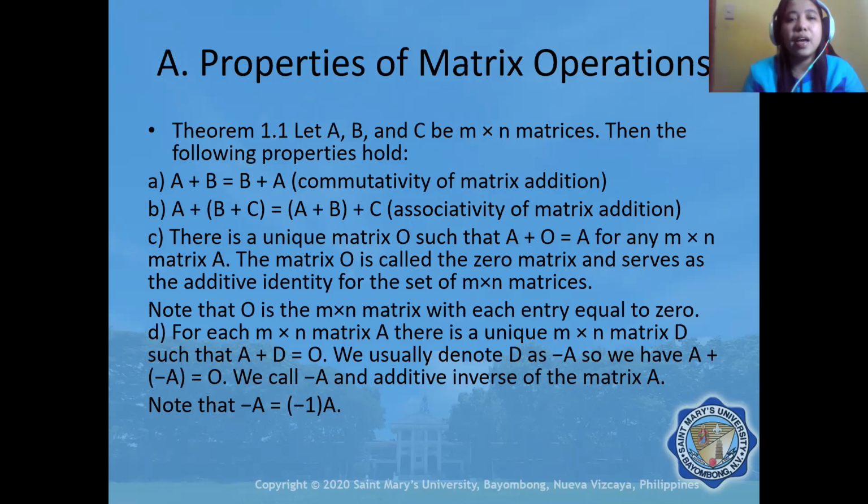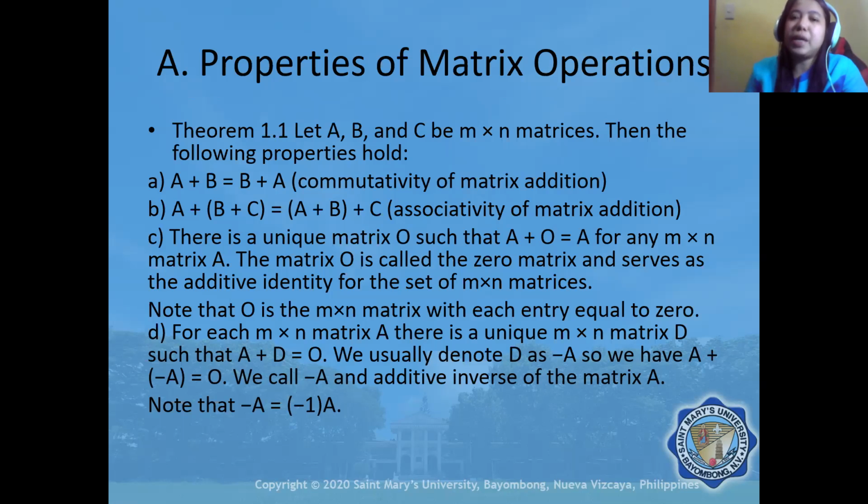A plus B is equal to B plus A. We are familiar with this as the commutative property, or, since A and B represent matrices, the commutativity of matrix addition.